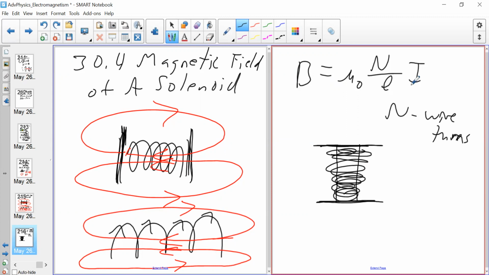And so we can simplify this and say n represents n over L, which is the number of turns per length. So the magnetic field coming through this solenoid is basically mu naught n I. Kind of similar to the magnetic field of a current, but we don't have a circumference dependence.